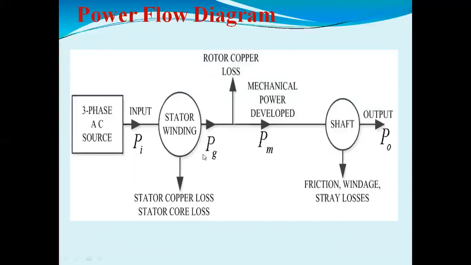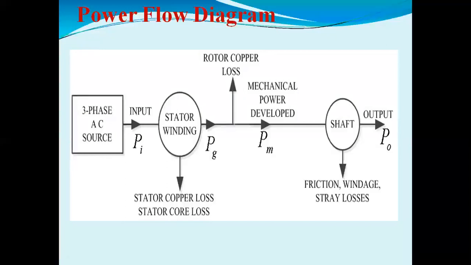That is the power between the stator and the rotor. As we have already seen in our previous discussion, there is an air gap between the stator and the rotor. So when the stator core loss and copper loss are subtracted from the input power, we get the air gap power.